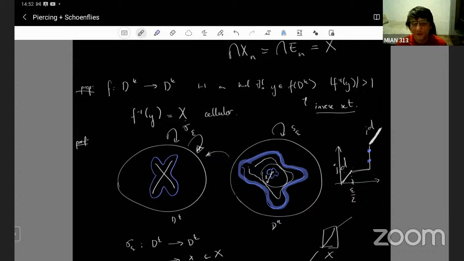And then in the domain, we have preimages of these blue spheres, which are again spheres. And between those spheres, we still have annuli. Well, the preimages of spheres are spheres. And moreover, they are piecewise linear spheres.